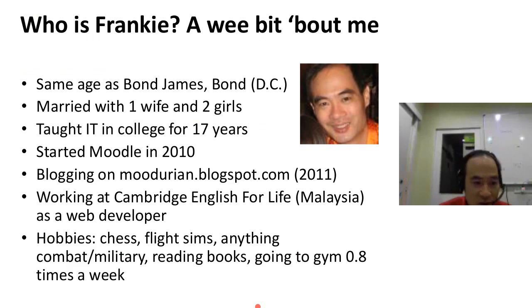And that's when I started to use Moodle in 2010. And then in 2011, I started blogging, mostly about Moodle hacks, stuff which you probably never find in the plugin library at moodle.org, but never mind, it's quite fun, hacking away and making Moodle look like Play-Doh.